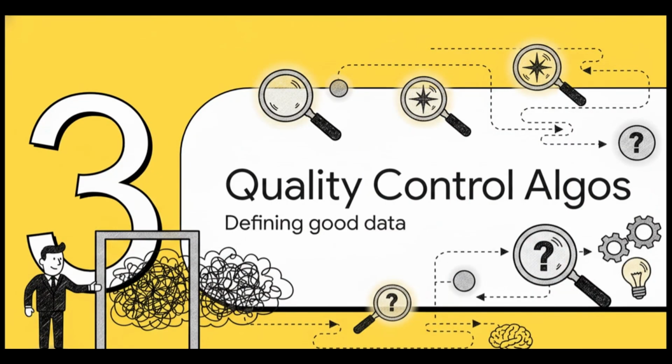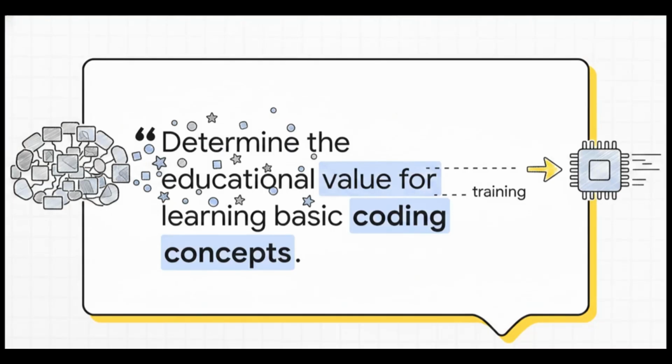Part 3. Algorithms for quality control, defining what makes data good. So we've set up the bouncer, but how do we define what makes data good in the first place? Finding that initial high-quality target data can be incredibly difficult, so researchers have to get highly creative. Listen to this brilliant modern trick. To get high-quality target data, researchers are now actually using advanced models like GPT-4 to synthetically generate it.